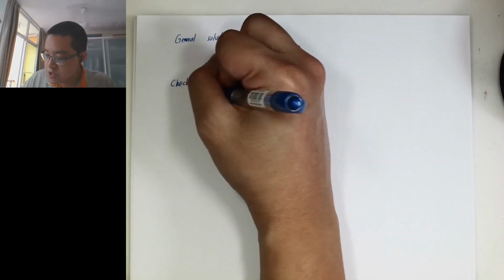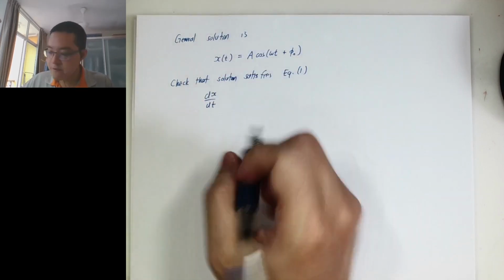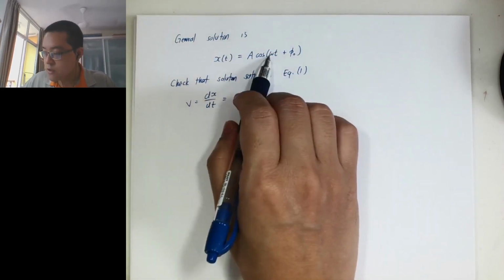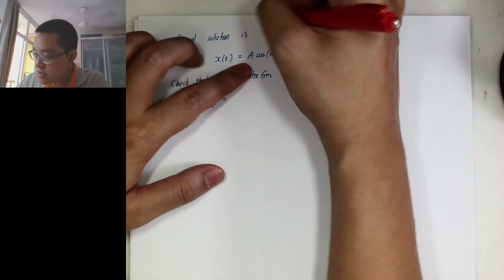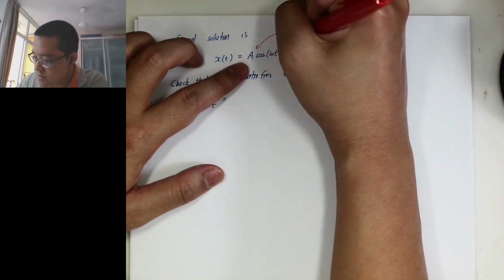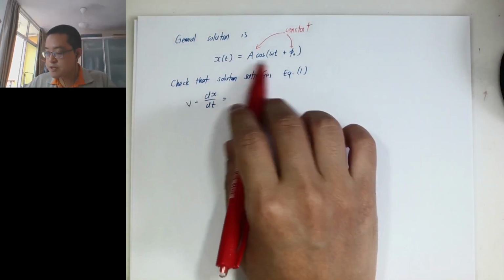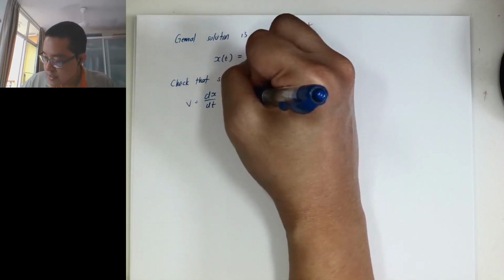If I differentiate the first time, it actually gives me the velocity. So differentiating the first time, what do I get? The general solution has a constant, and these are constants independent of time, so I only differentiate the t. Differentiating cosine gives me a negative omega.